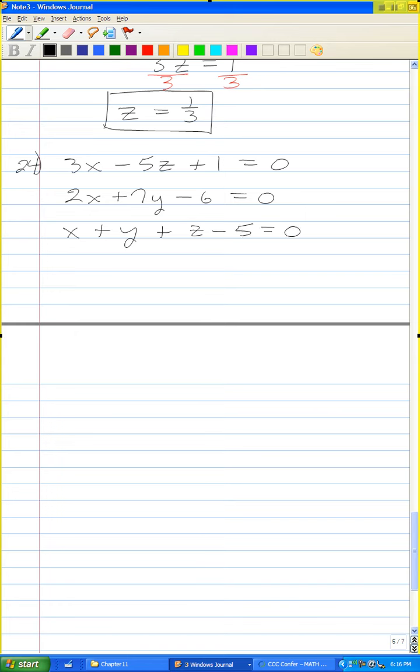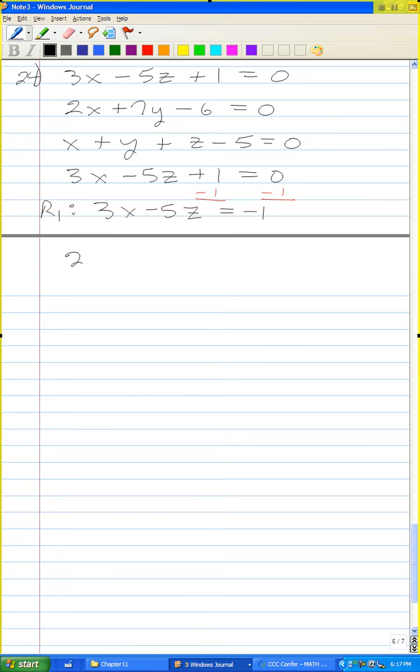Okay, so first thing to do is for the first one, well, let me subtract 1 from both sides of my equation. And so I'll get R1 will be 3x minus 5z is negative 1. Let me add 6 to both sides of my equation. 2x plus 7y equals 6. So again, now the only x, y's, and z's are on the left-hand side.